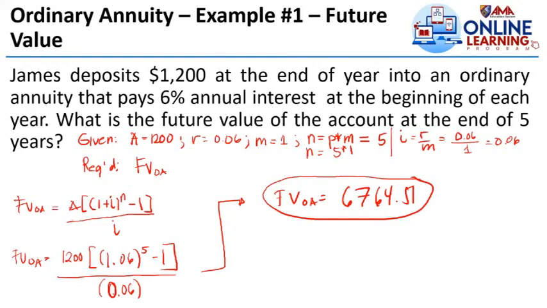So shortcut ko na lang kasi nga i-add lang natin yung 1 plus yung 0.06 na I. Okay? So in-add ko na lang agad dyan. So that's 1.06 raised to 5. Yung N natin is 5 minus 1 all over 0.06. So using a calculator, FVOA is 6,764.51.